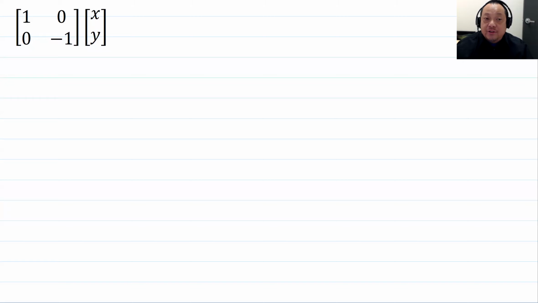All right, let's first get started with an example of a matrix multiplication. I have a matrix and I have an arbitrary vector xy. Let's multiply it up. This matrix is 2 by 2. It has 2 rows and 2 columns, and the vector is the same as a 2 by 1 matrix.